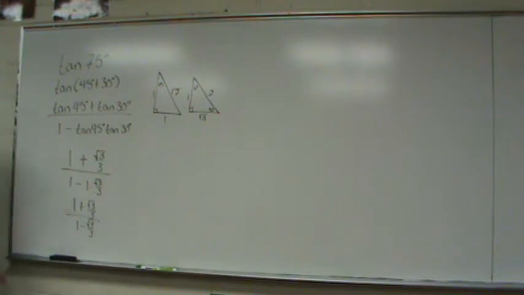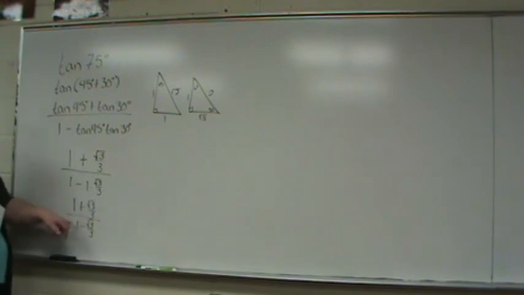So now can we leave our answer like that? No. Why not? We can't have the radical in the bottom. So to make this easier, before we multiply by our conjugate like we did yesterday, we should multiply the top and the bottom by 3.